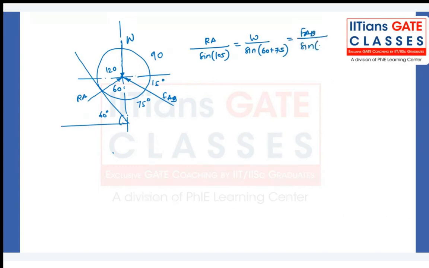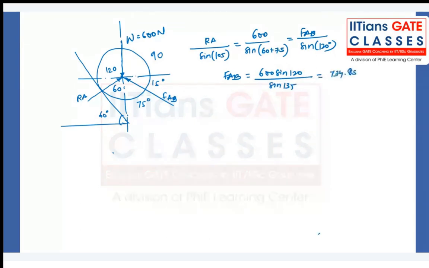So this will give you the FAB value, because W you know, that is 600 Newton. FAB will be equal to 600 sine 120 divided by sine of 135, and that will be 734.85 Newton.